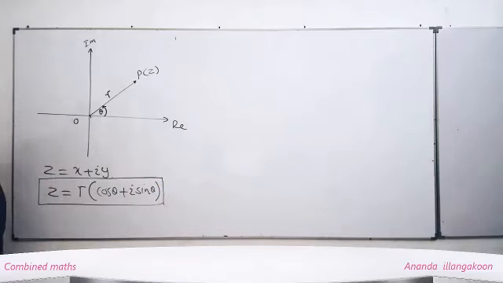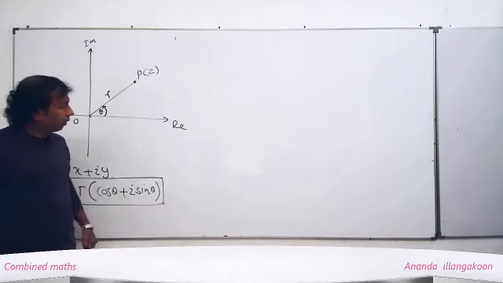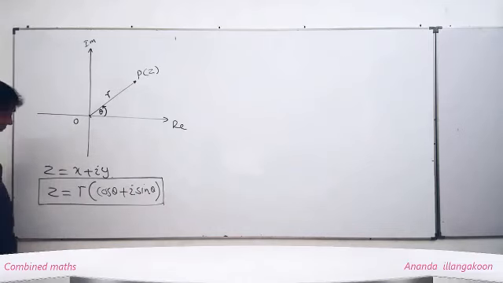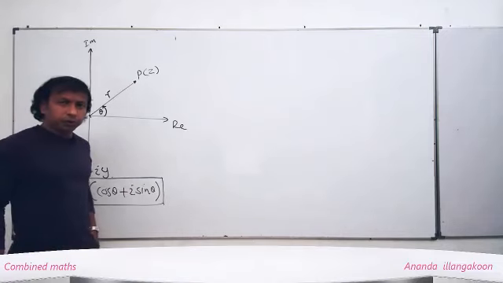In representing the complex number this way, there are two properties of a line segment we have used.